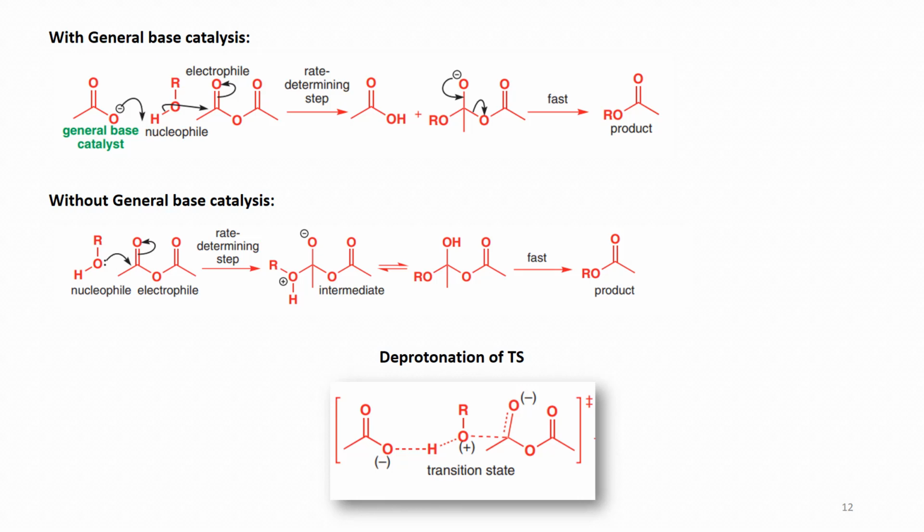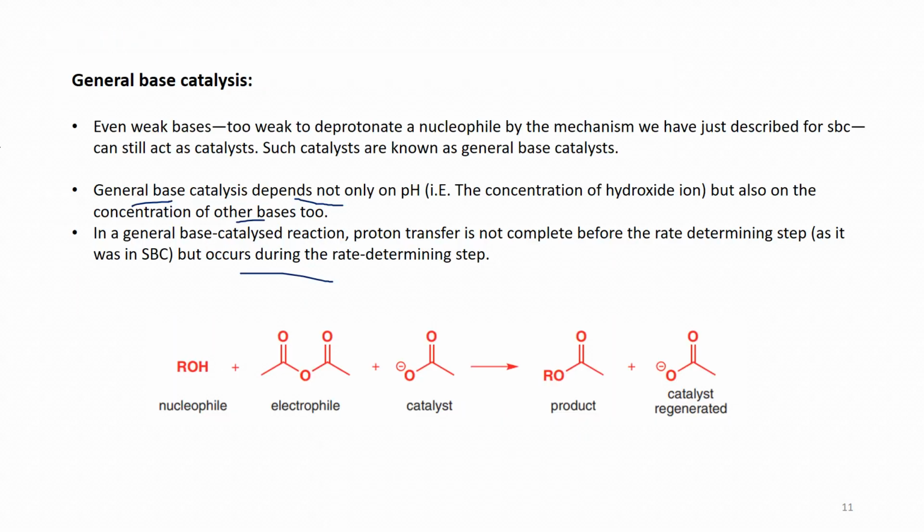If we look into this example, where this nucleophile is added to this electrophile and a catalyst, this base, has been added, which gives us our desired product, the acetylation of this alcohol, and the catalyst gets regenerated.